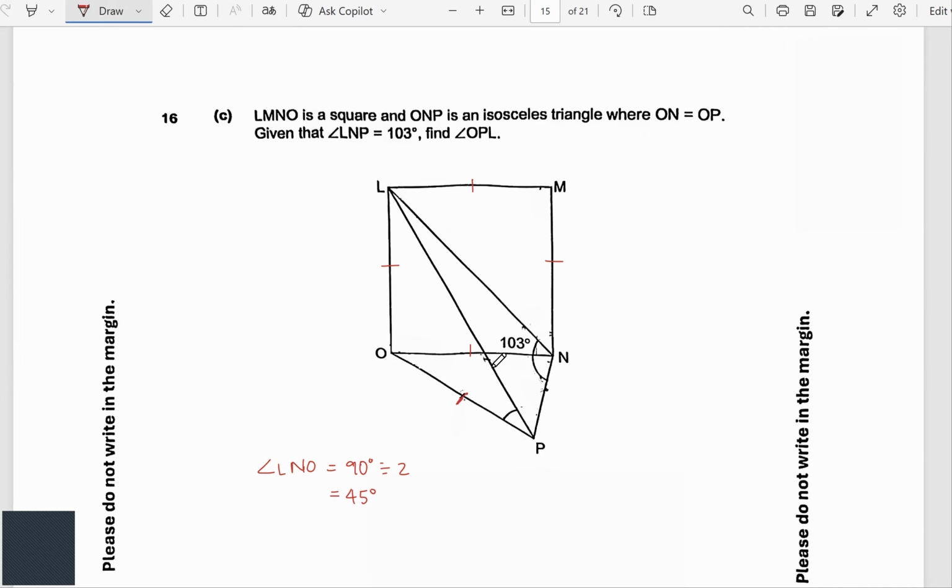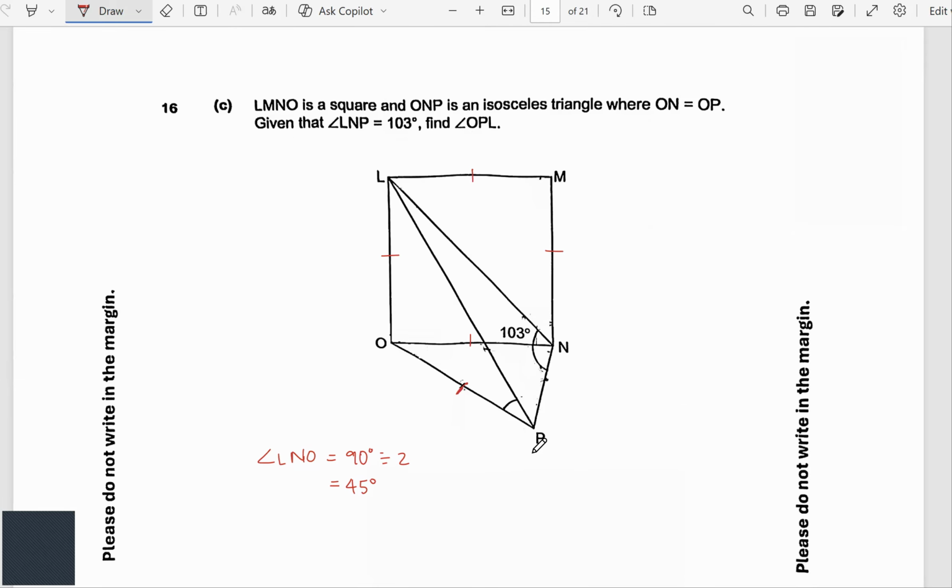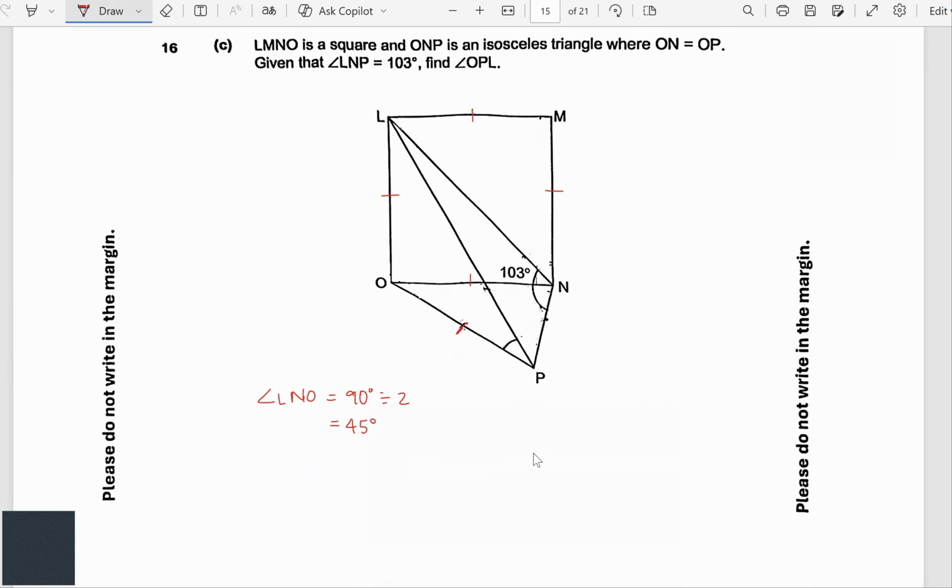Okay, which gives us ONP, which is 103 minus 45, 58 degrees.